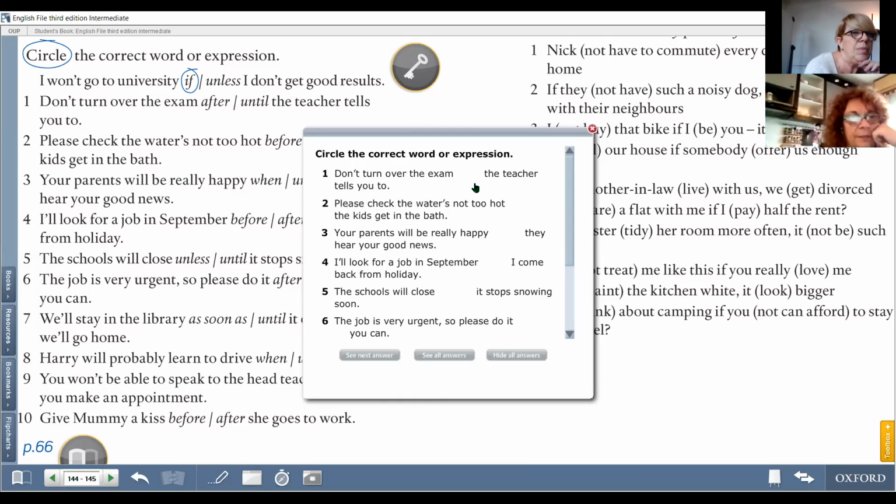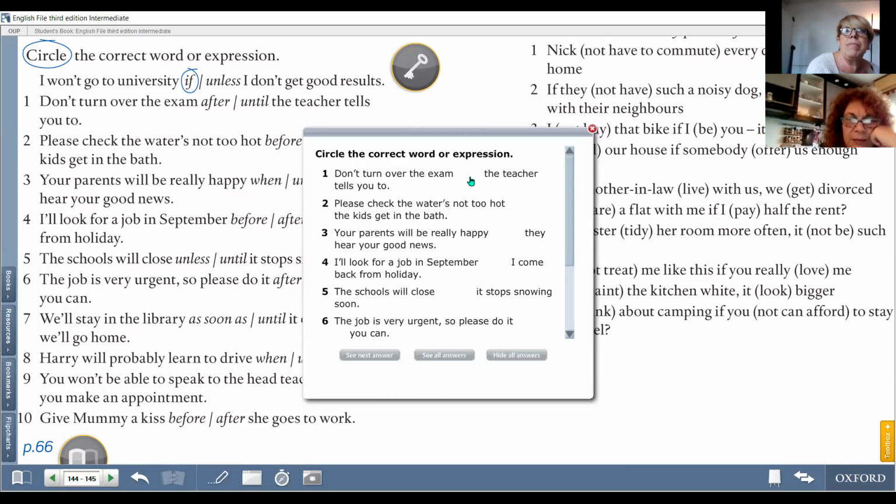Allora, don't turn over the exam until the teacher tells you to. Allora, aspetta. This is the meaning, because the building is already there. You already have this word.